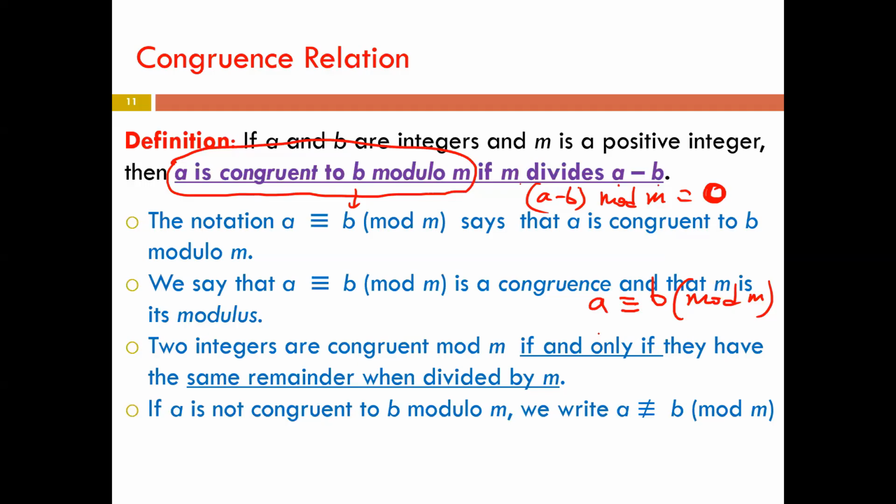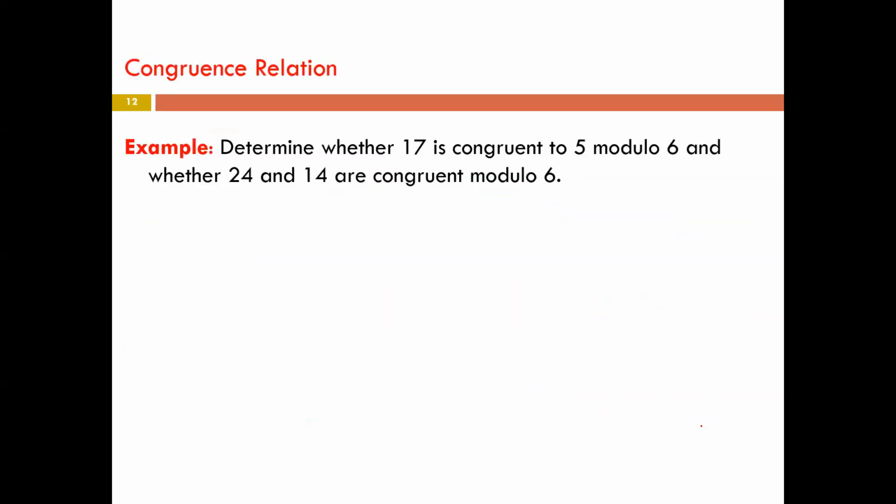If A is not congruent to B modulo M, we write A not congruent to B mod M. So is 17 congruent to 5 modulo 6? Yes or no?